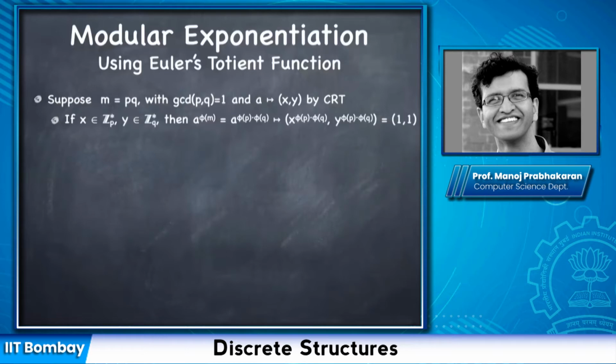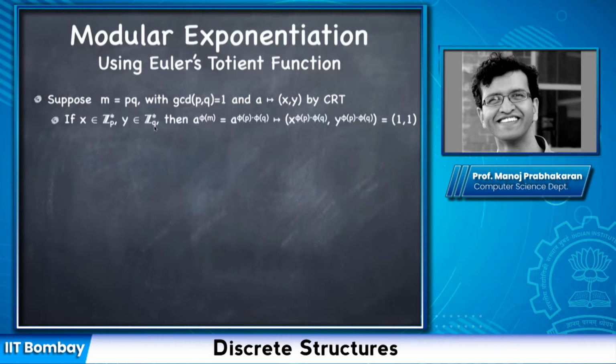Now what I'm interested in seeing is how exponentiation works. Are the exponents modulo something? Let's start with the easy case, when a is in Zm star. That is to say x is in Zp star and y is in Zq star. Okay, so everything is nice.